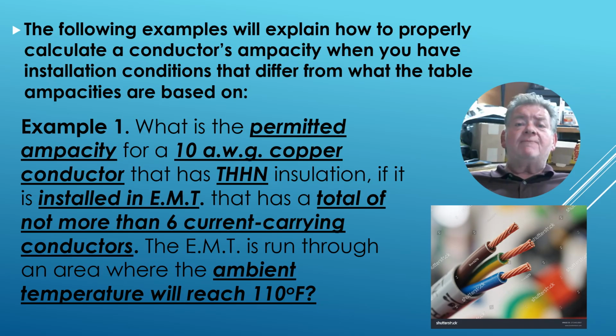What is the permitted ampacity for a 10 American wire gauge copper conductor that has THHN insulation on it, if it's installed in a piece of EMT and the EMT has a total of 6 current carrying conductors? And let's say the EMT is run through an area that has an ambient or room temperature of 110 degrees Fahrenheit. How do we calculate this conductor's maximum ampacity?